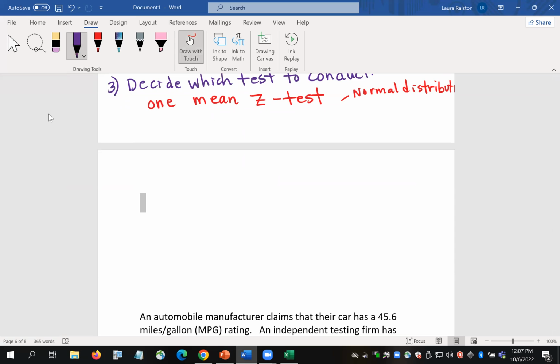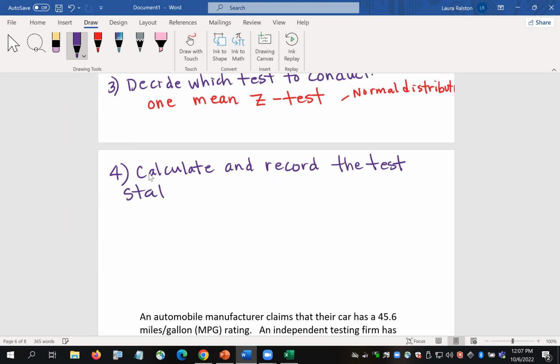So then step 4, we're going to calculate and record the test statistic and its p-value.